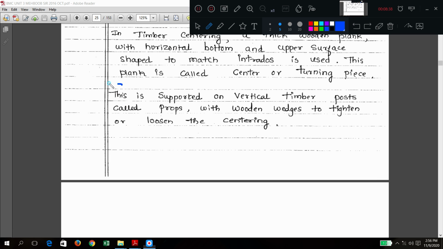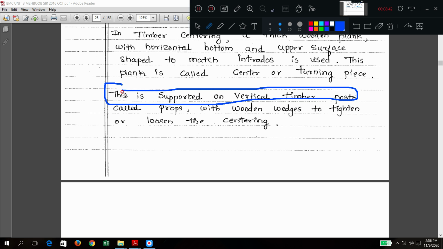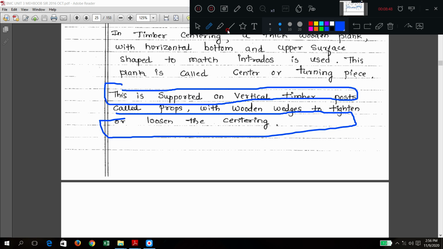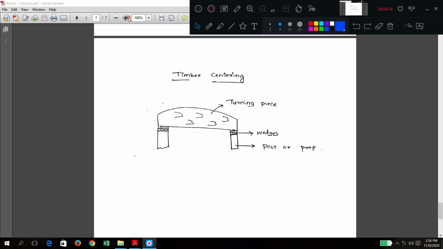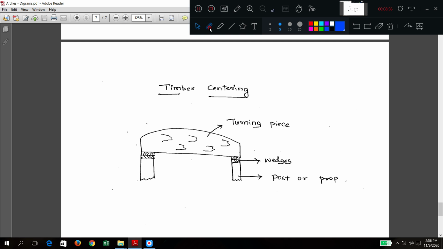This is supported on vertical timber posts with wooden wedges to tighten or loosen the things. So don't get confused here. If I enlarge this one, you can see this turning piece is supported on vertical members.